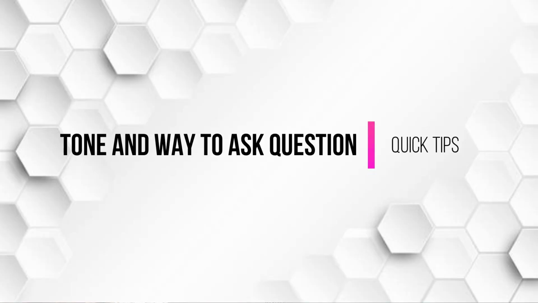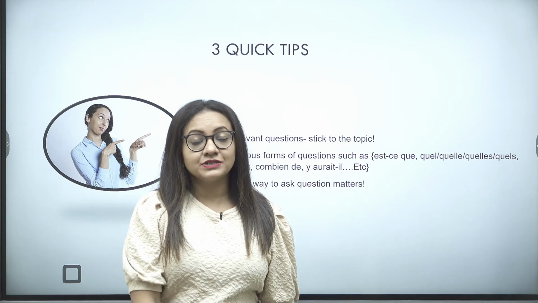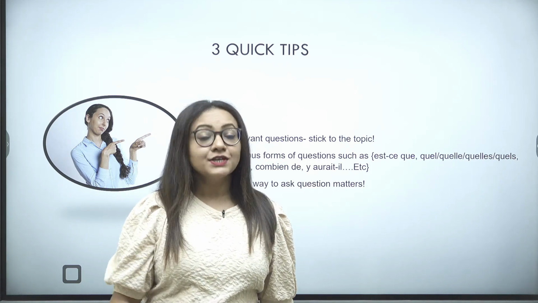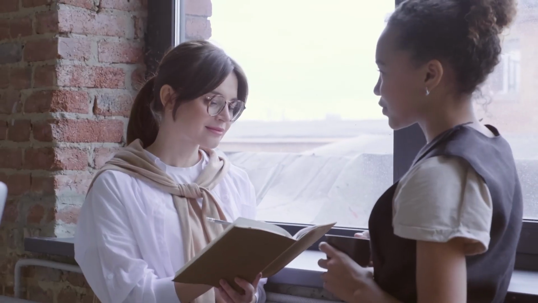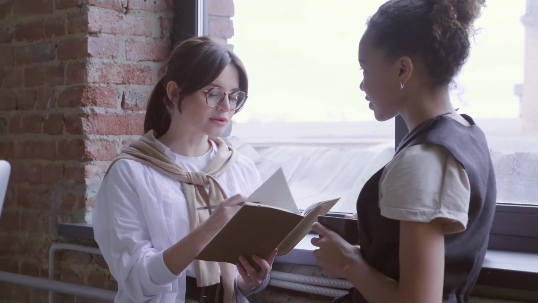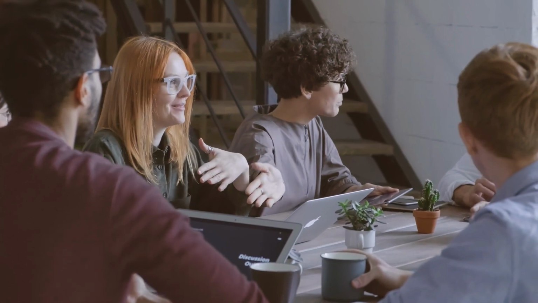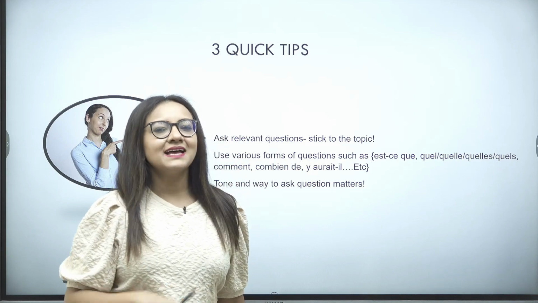And of course the tone and the way you ask questions definitely matter. You must ask in a polite way. You cannot be very stubborn or negative when you ask questions. You can be, but I would not suggest it because that's not the right skill.